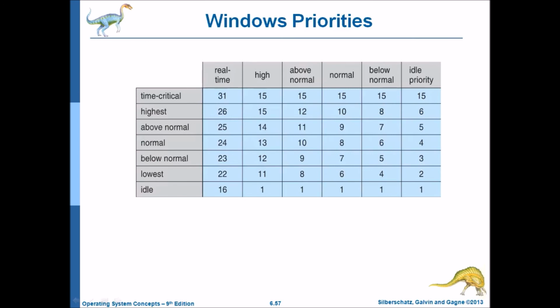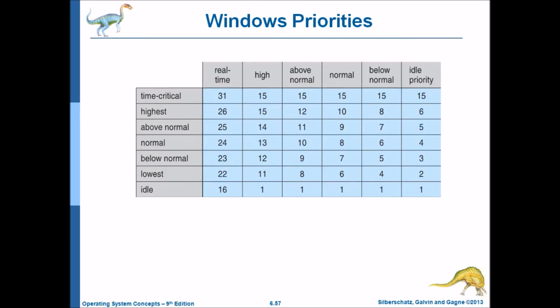As we have said earlier, the priority of each thread is based on both the priority class and the relative priority. This relationship is shown in the figure here. The values of the priority class appear on the top row, and the left column contains the values of the relative priorities.